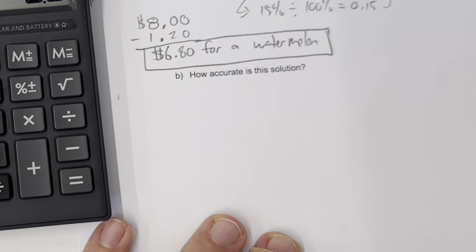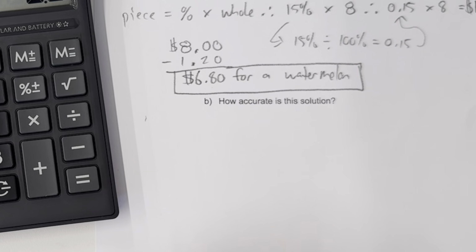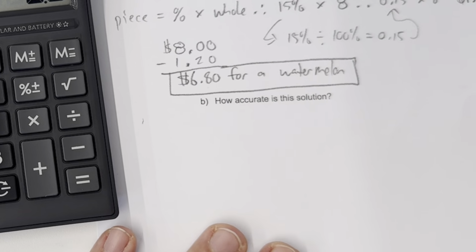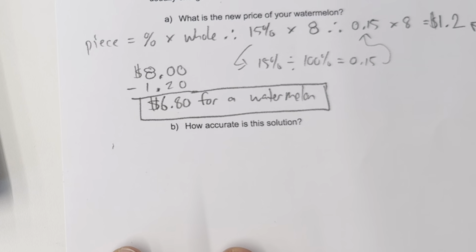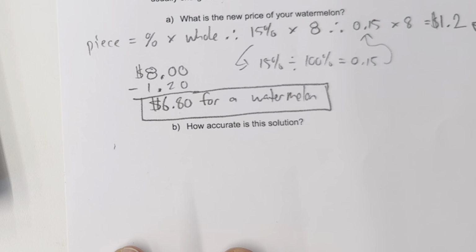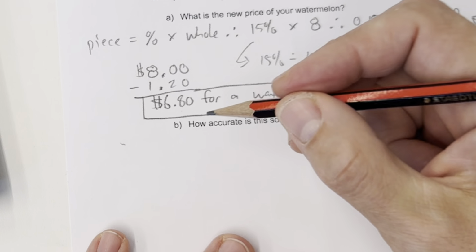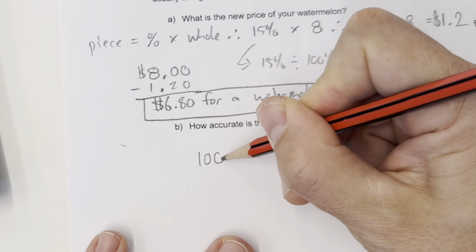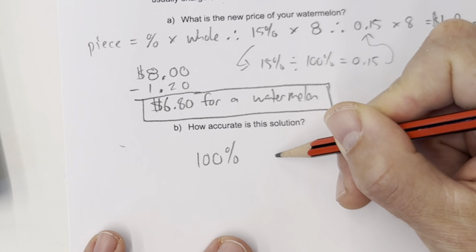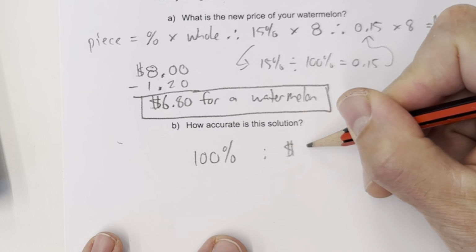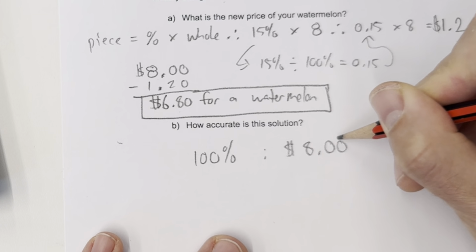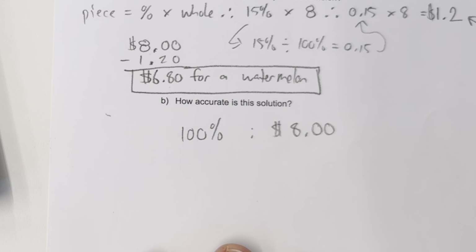Okay, and this is, well, how accurate is the solution? Well, we can show how accurate it is. We can just kind of verify the whole process, right? So for instance, I know that the whole price of that watermelon, that value was $8. Okay, that makes sense.